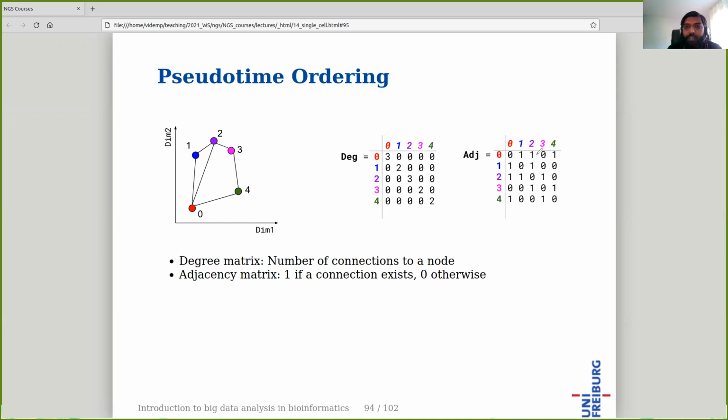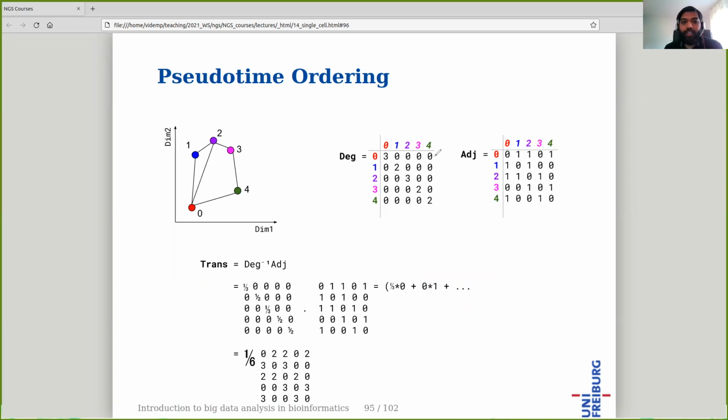If there is a connection between 0 and 2, we put a 1 here. There's no connection between 0 and 3, and that's why there is a 0 here, and so on. So the degree matrix is the number of connections, and the adjacency matrix is 1 if the connection exists, 0 otherwise. That's all. It's pretty straightforward so far.